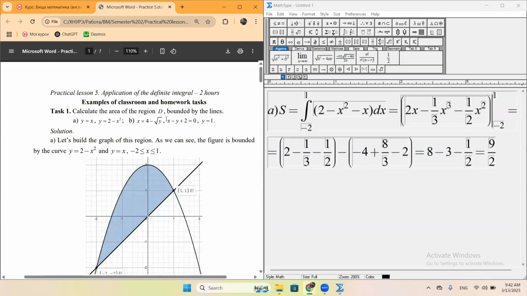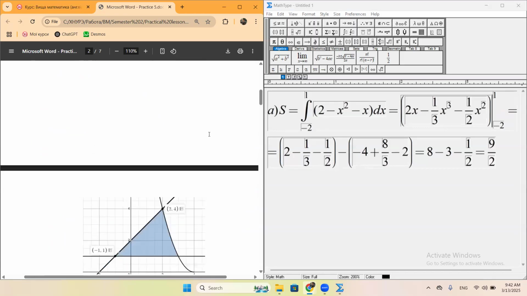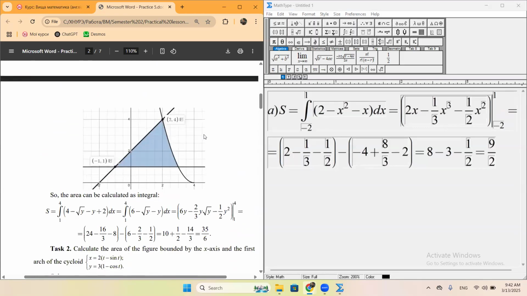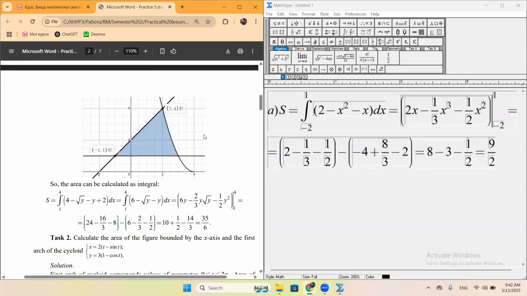The other parts, so part b, are analogous, but for b we integrate by y, so it must be dy here and dy here.